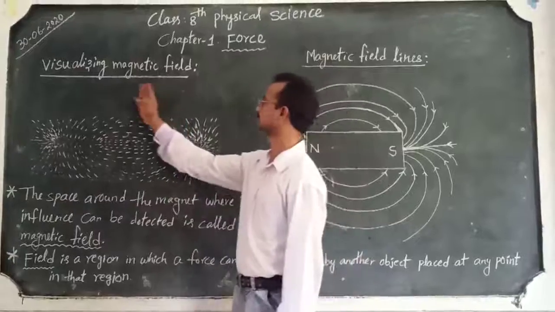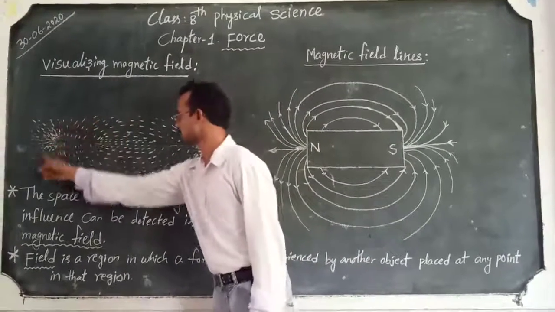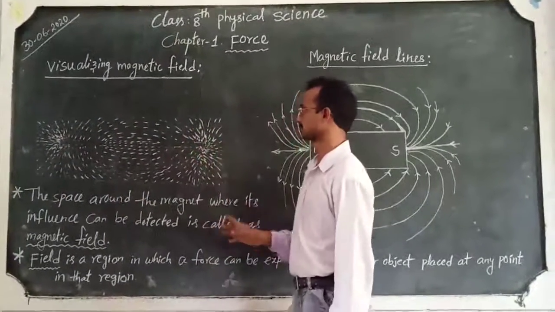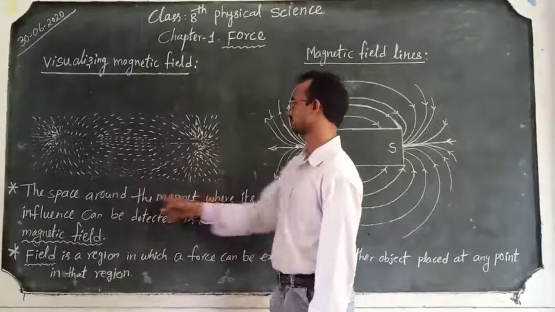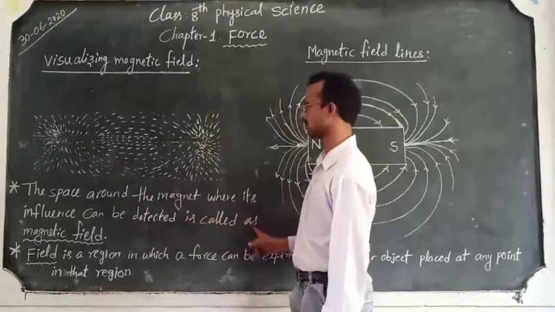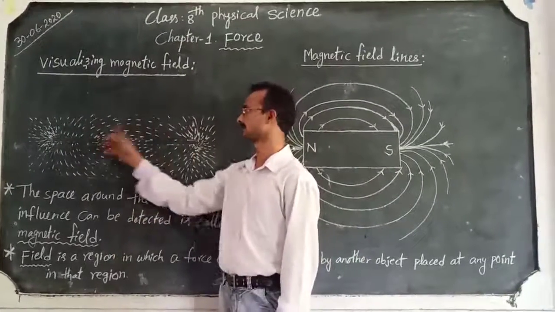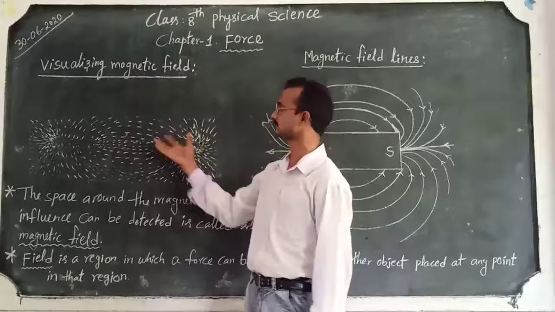We are not observing this arrangement outside this region, no? Up to here only we are observing it. Because of the magnetic field, these were arranged.